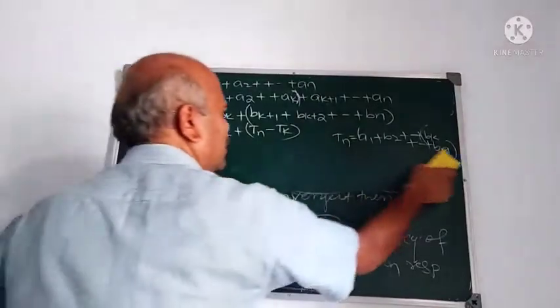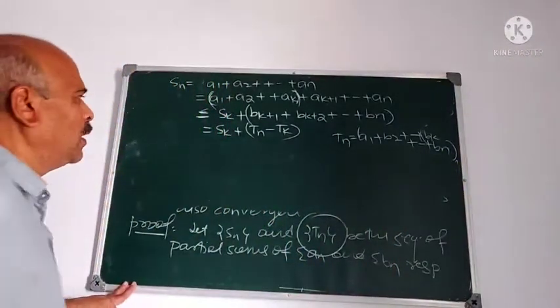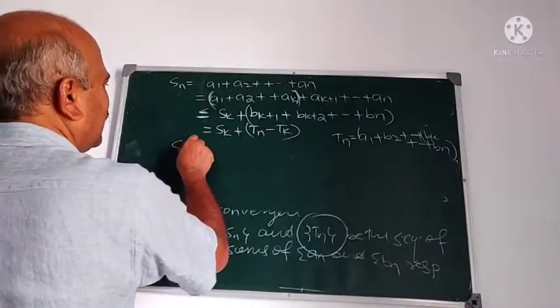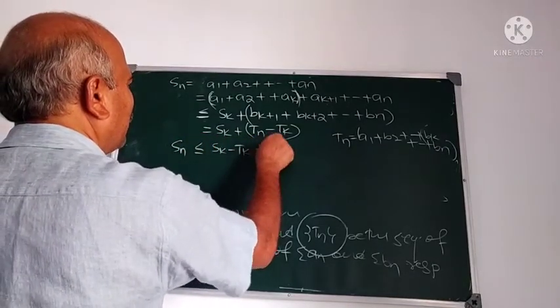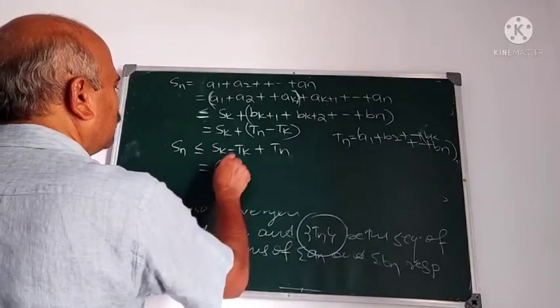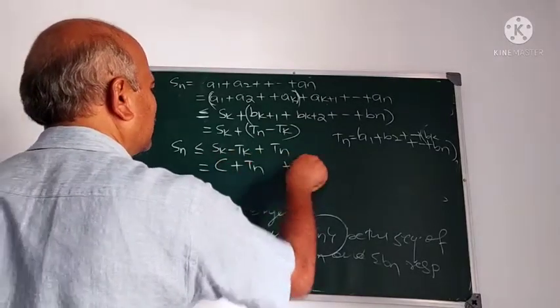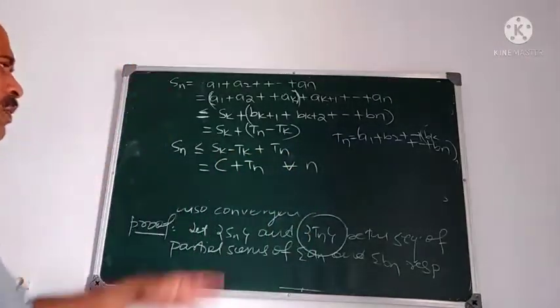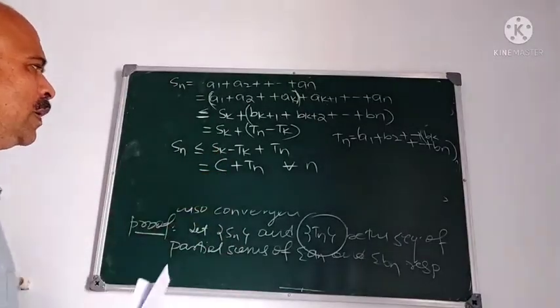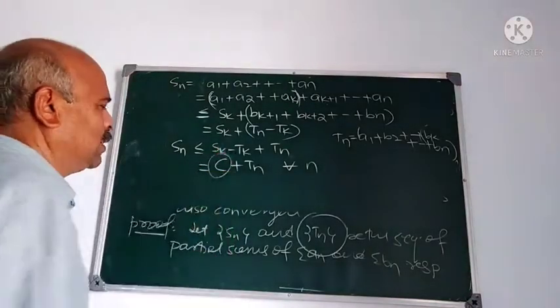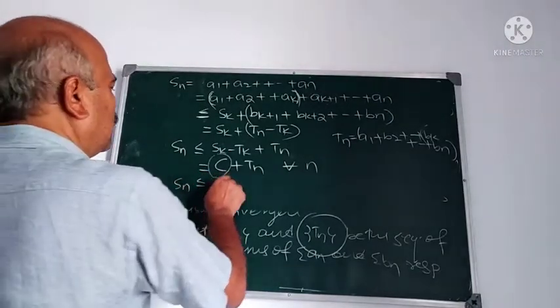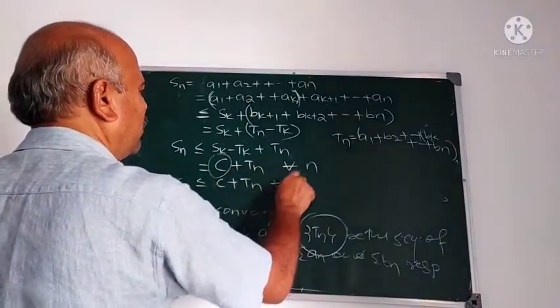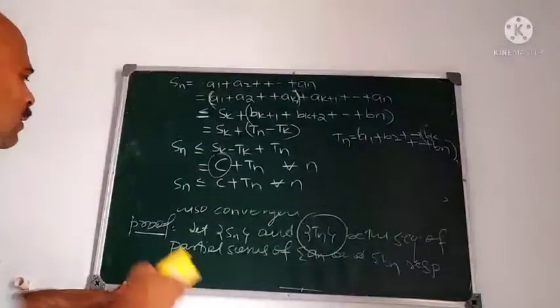Therefore Sn is less than or equal to Sk minus Tk plus Tn, that is equal to C plus Tn for all n, because we have taken this as C. Now what is this? It is a constant. What does this imply? Sn is less than or equal to C plus Tn for all n.